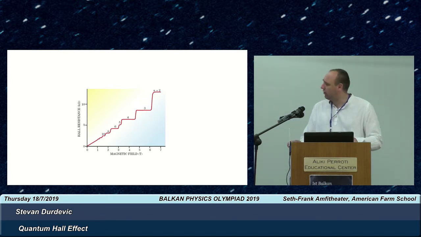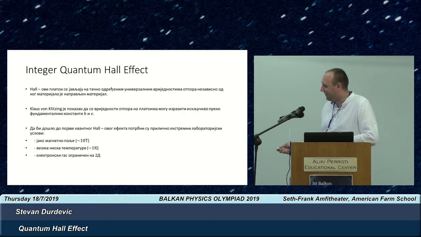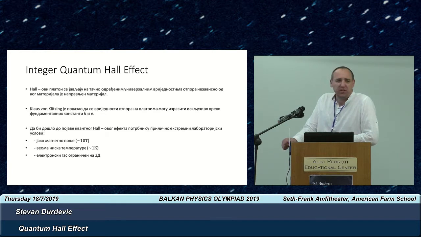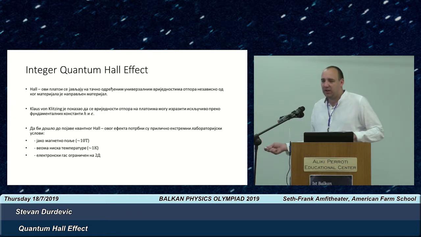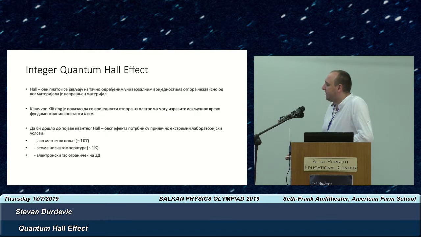But you know, for the quantum Hall effect, it is necessary to have a very strong magnetic field, about 10 Teslas. It's very strong. I think that in the laboratory we can reach a maximum of about 13 Tesla. It needs a very strong magnetic field and a very low temperature, about 1 Kelvin.